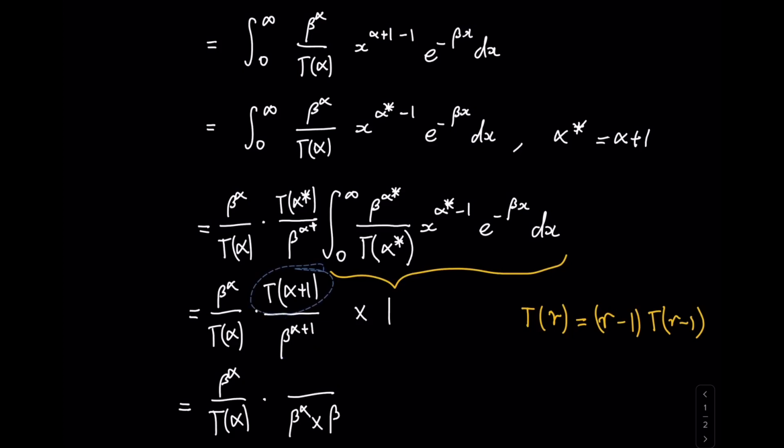But in our expression, gamma of alpha plus 1 we can now rewrite as alpha times gamma evaluated at alpha. And then this allows us to cancel the beta to the alpha here with the beta to the alpha here, and the gamma of alpha here with the gamma of alpha at the top, and all we're left with now is just alpha on beta. And this is the result for the expected value of a gamma distribution.